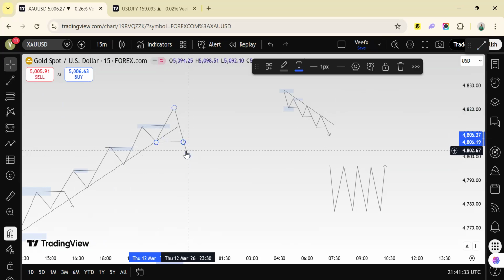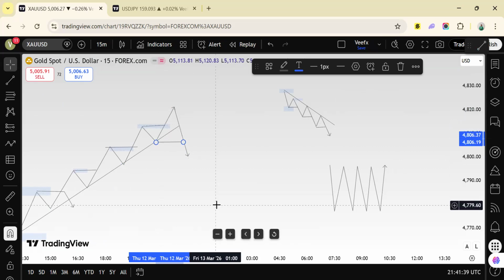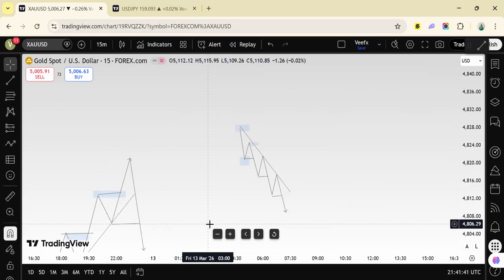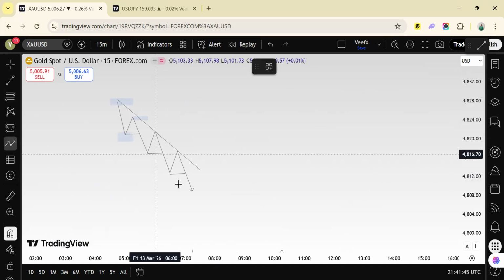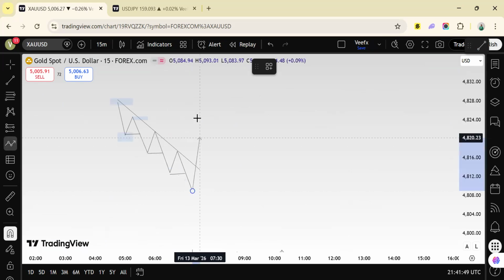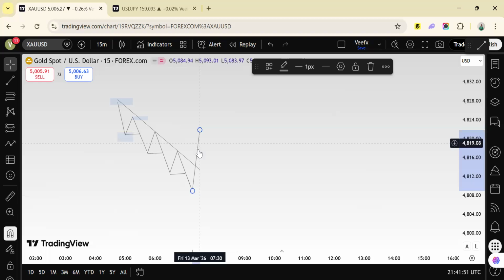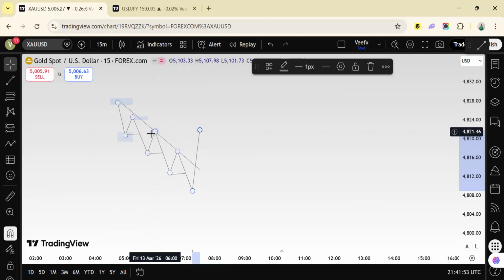So this alone is a sign that this uptrend is about to reverse and the market is about to start selling. Same thing, the market was on a downtrend and it did something like this. Let's say the last low took out this last high. Now, remember, this is not the pattern for a downtrend.